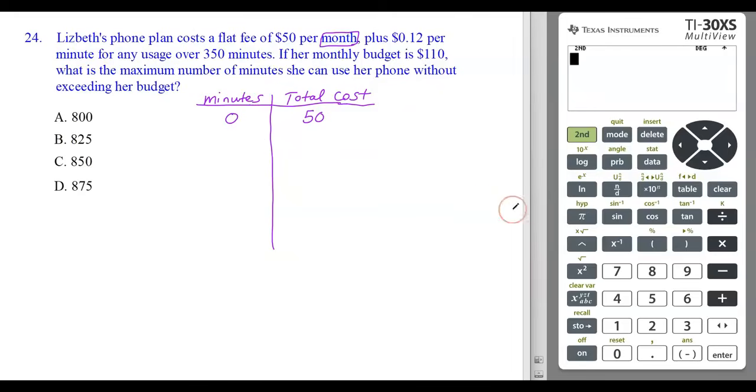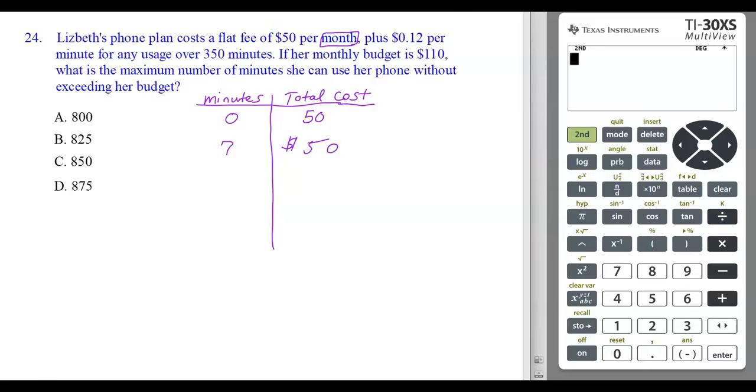Now, I brought up my calculator here because we're going to need it shortly. But let's just continue thinking here. What if her time of usage was 7 minutes? She used the cell phone for 7 minutes. What would her total cost be at the end of the month? Hopefully you see it would still be $50.